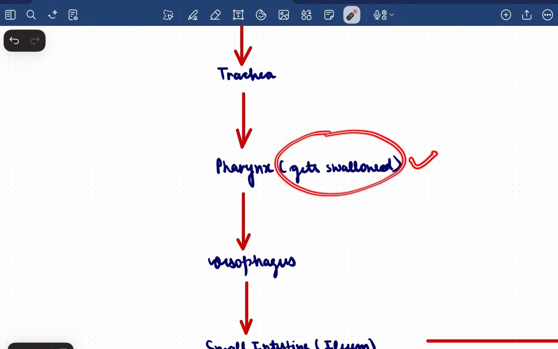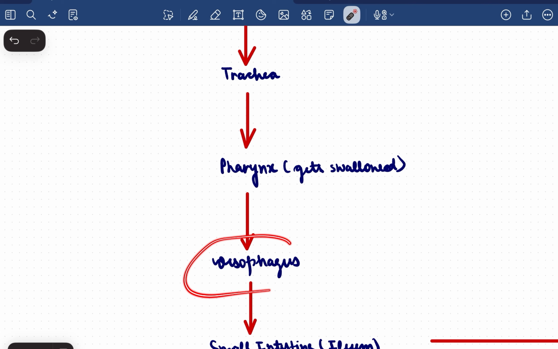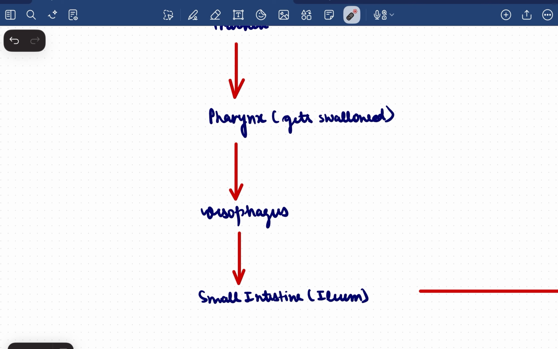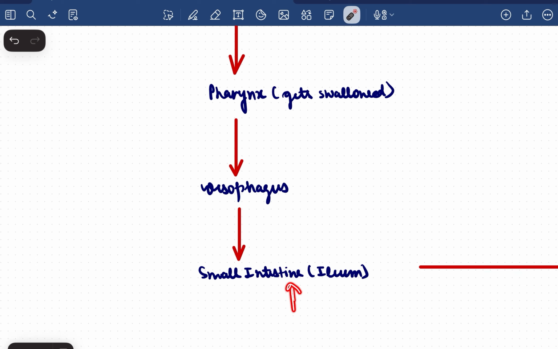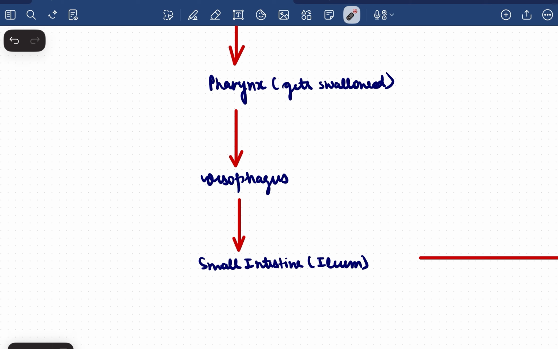And through the pharynx, it will get swallowed and reach the esophagus and ultimately the small intestine, and that too the ileum of the small intestine where it lives. It is different from the territory of Taenia solium because that lives in the jejunum part of the small intestine.